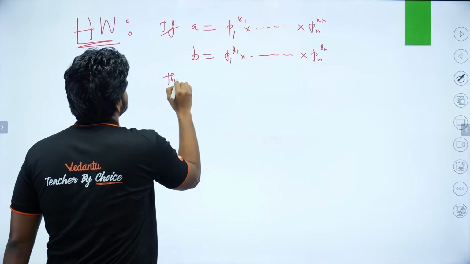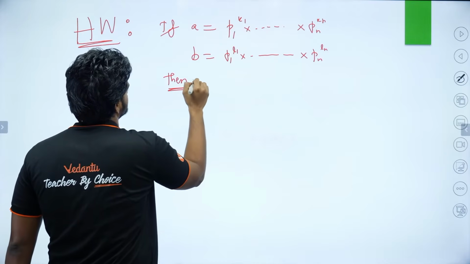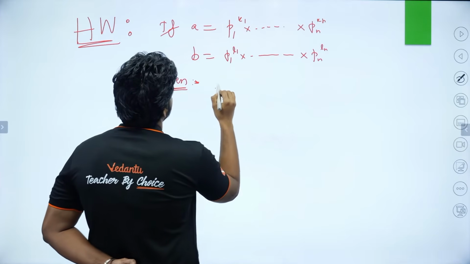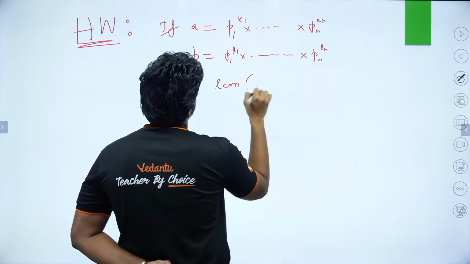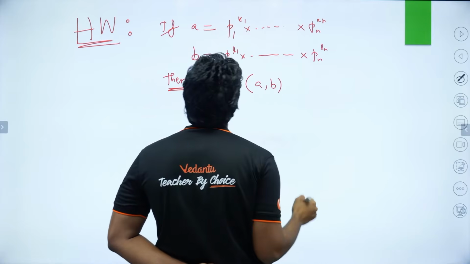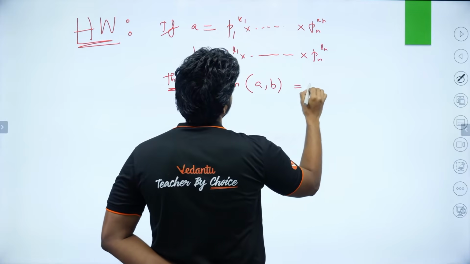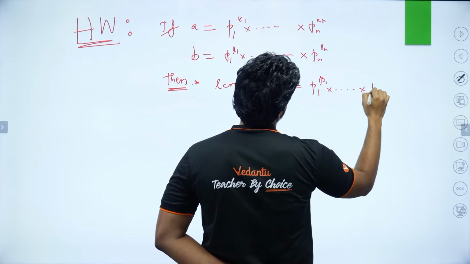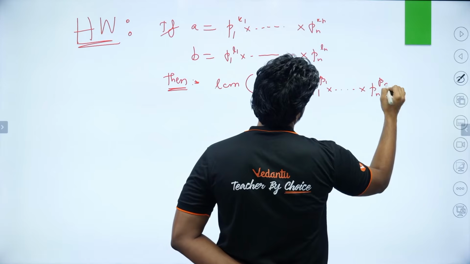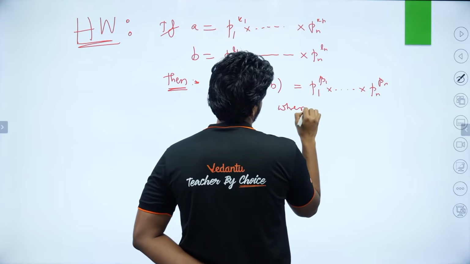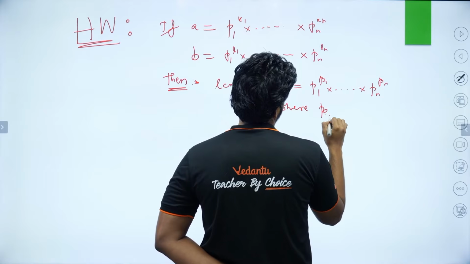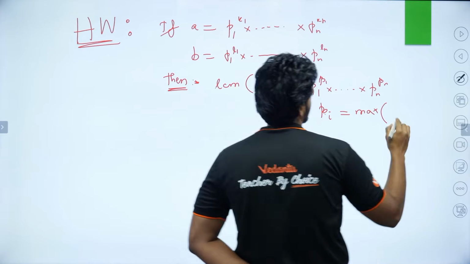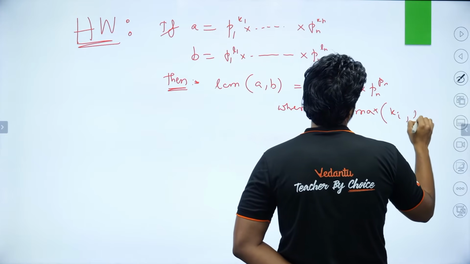then LCM of A comma B will be P1 power beta 1 till Pn power beta n, where beta i will be the maximum of Ki comma Li.